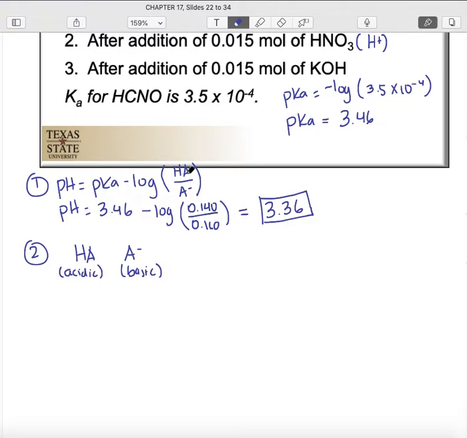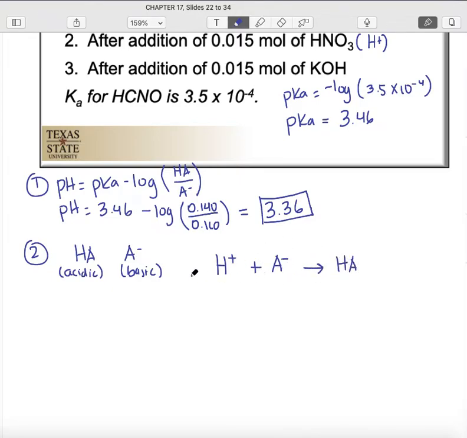All right, now we said that we are adding acid, which is represented by H+. That H+ is going to be reacting with the basic portion of the buffer because acid reacts with base, and the basic portion of my buffer is the A minus, right? This guy right here. And the product of that reaction is going to be the formation of HA.